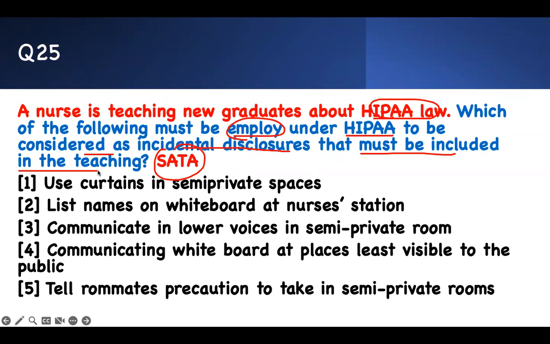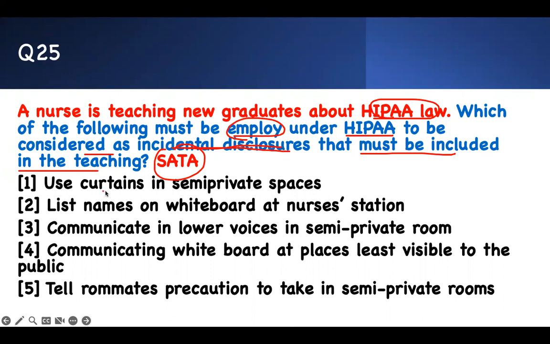Step back, look at it. They say HIPAA, but which one can I do to ensure incidental disclosure? That means I can violate HIPAA law and consider it incidental. It happened accidentally. I did not plan to expose that individual's information. But if I take precaution for that and it happened, I'm good.